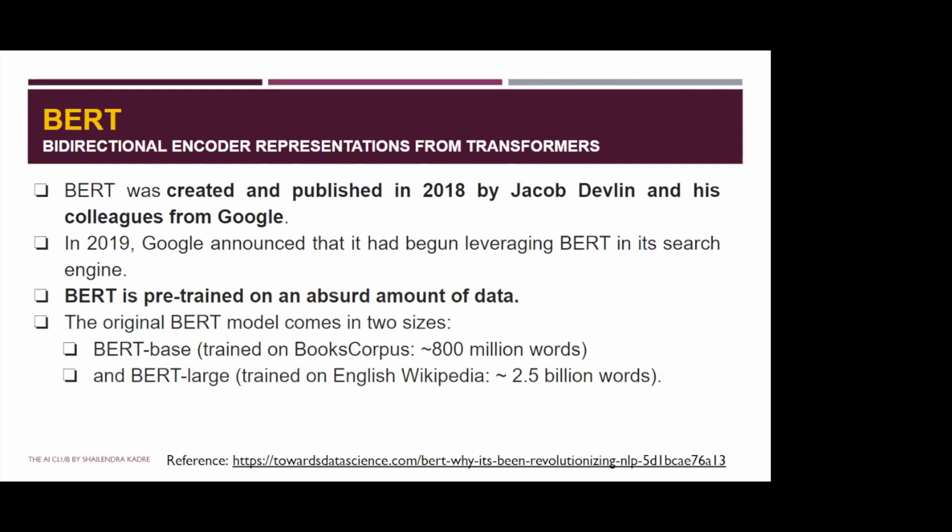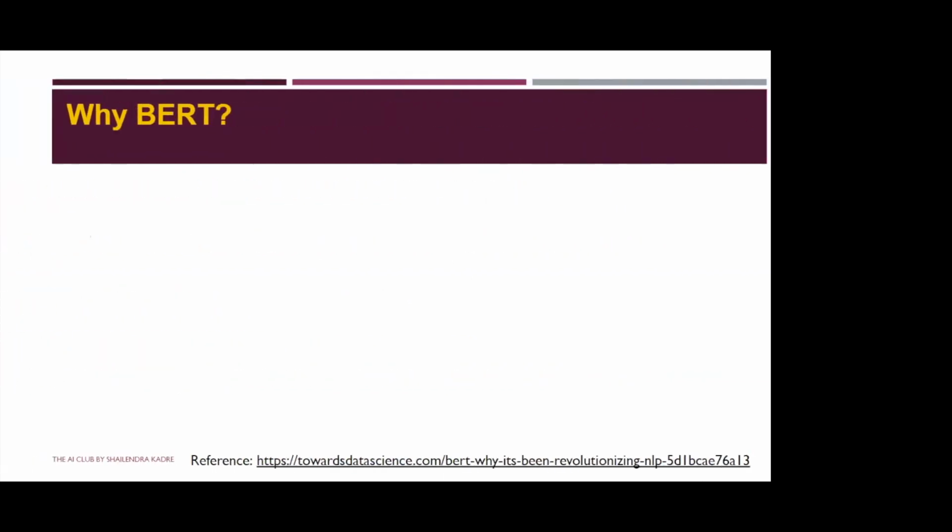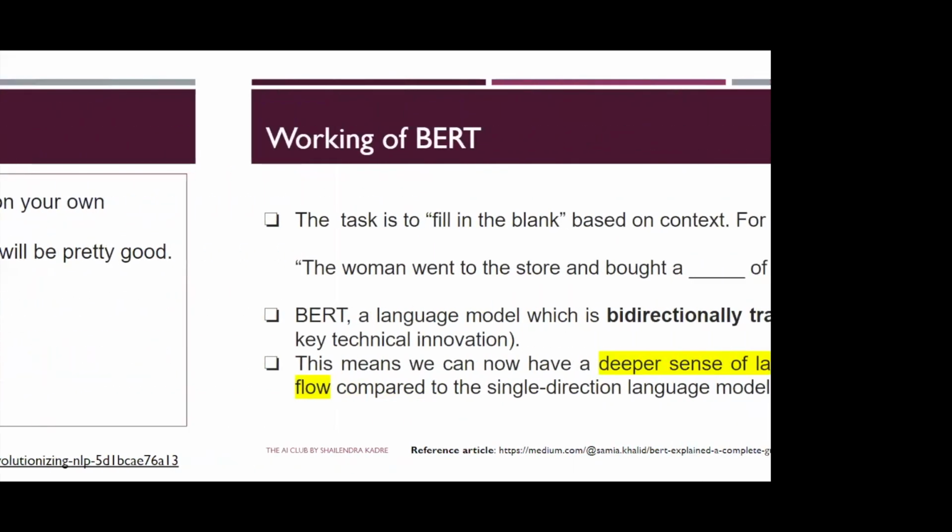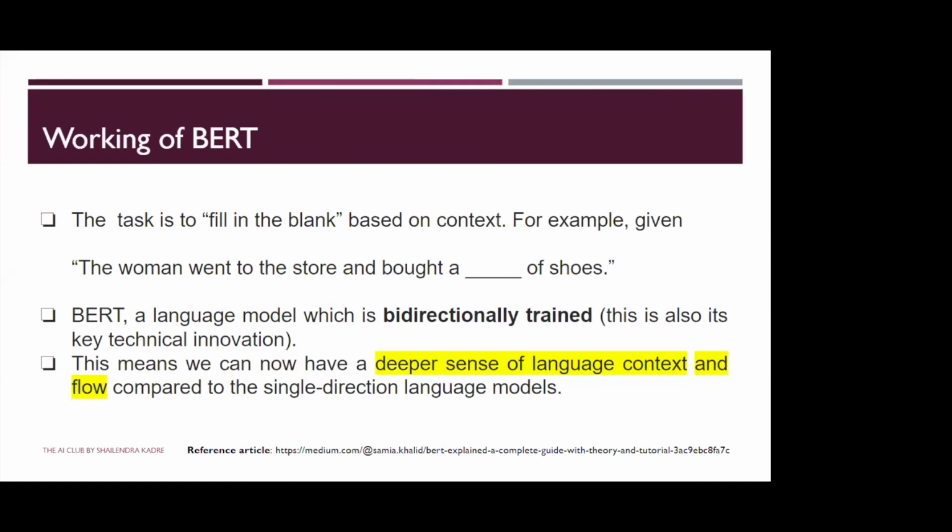Okay, then I'll explain how BERT works. I'll move on to that now. So, working of BERT is a simple order of business. You have to fulfill the task of fill in the blank.